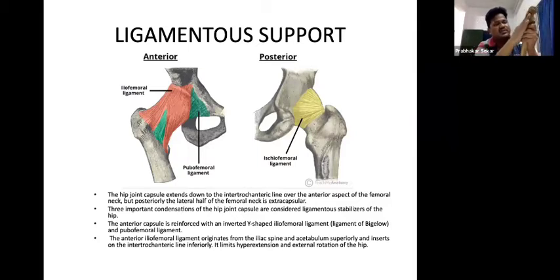So this capsule is strengthened by ligaments: anteriorly by the iliofemoral ligament as well as the pubofemoral ligament, and posteriorly by the ischiofemoral ligament. The iliofemoral ligament originates from the iliac spine. It is represented as an inverted Y, and it limits hyperextension and external rotation of the hip.